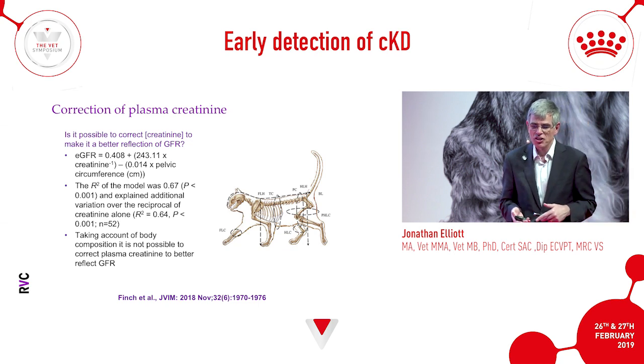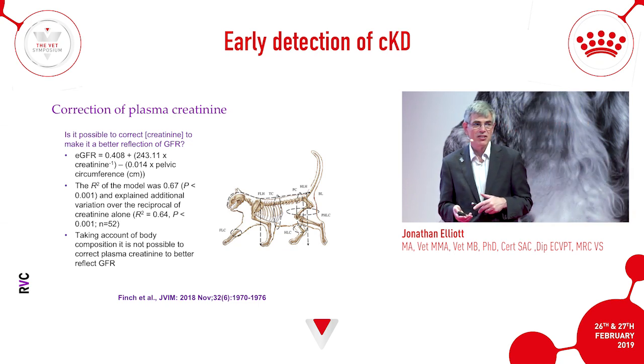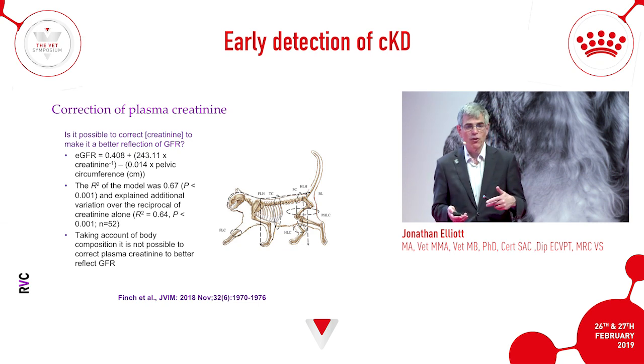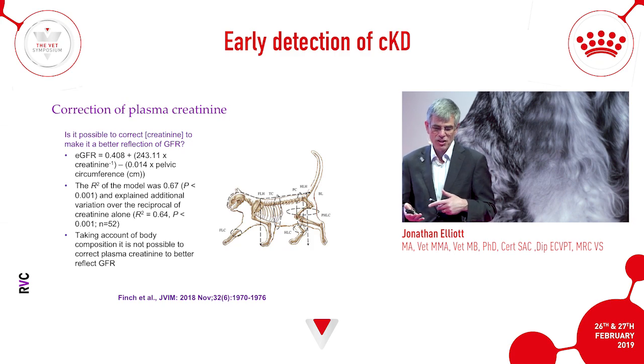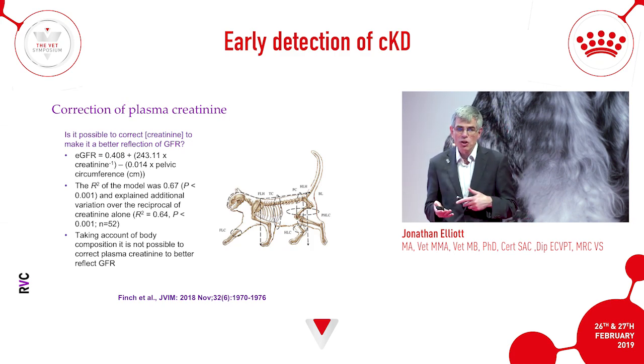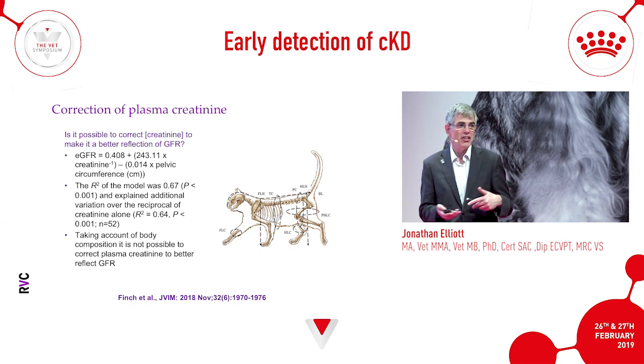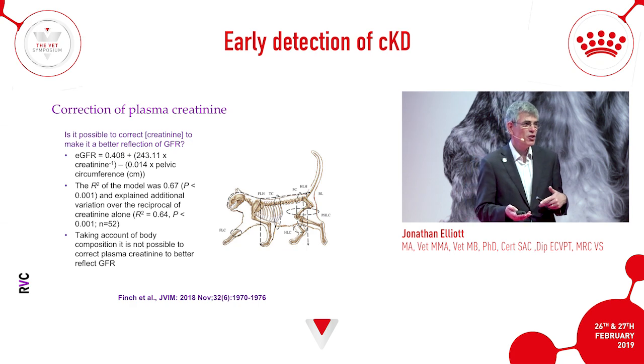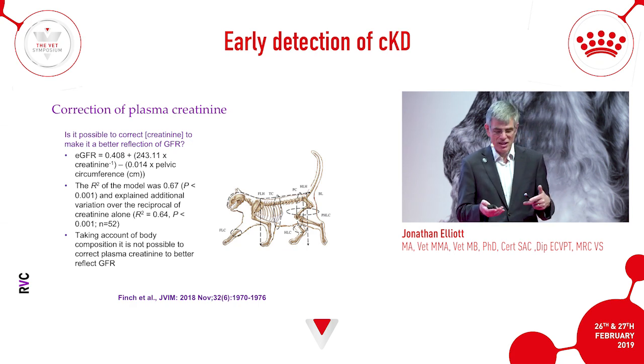And I guess, to cut a long story short, the answer was we failed to find any parameters that were really very helpful in correcting that creatinine to better reflect glomerular filtration rate. We managed to improve the R-squared value a little bit, but not significantly, such that I would say this is something you must be doing in your general practice to correct that creatinine.